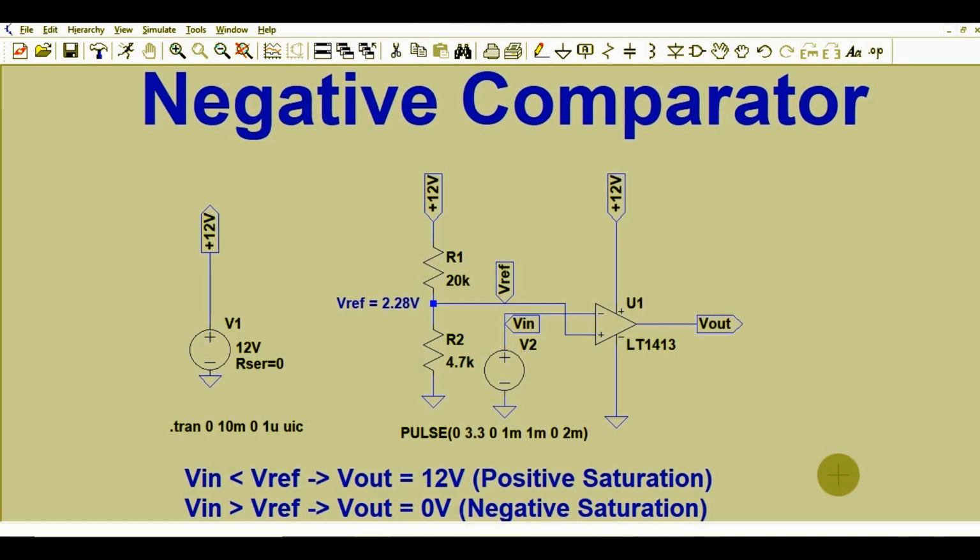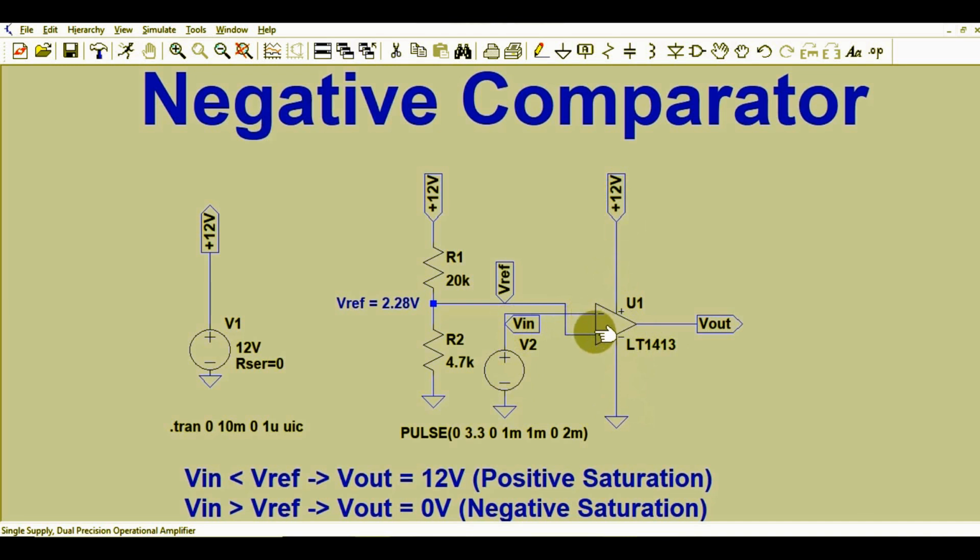So this is operational amplifier LT1413, and the supply rail for this operational amplifier is plus 12 volt, and the minus terminal is connected to the ground, that is 0 volt. Since the input signal is applied at the inverting terminal of this operational amplifier, it is also called an inverting comparator, right?